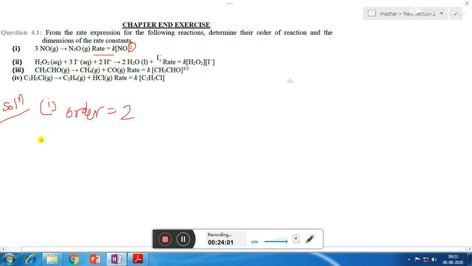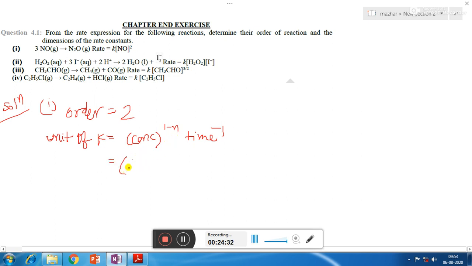Now what will be the unit of K? Rate equals K into NO squared is given. In order to find the unit of K, we use the unit of K equal to concentration raised to 1 minus n, time inverse. Here the order of reaction n is 2.